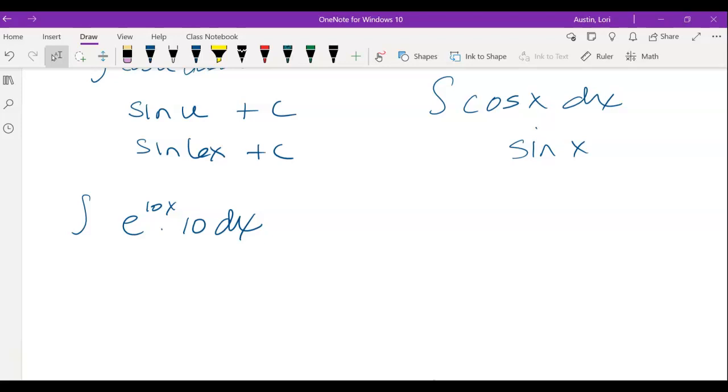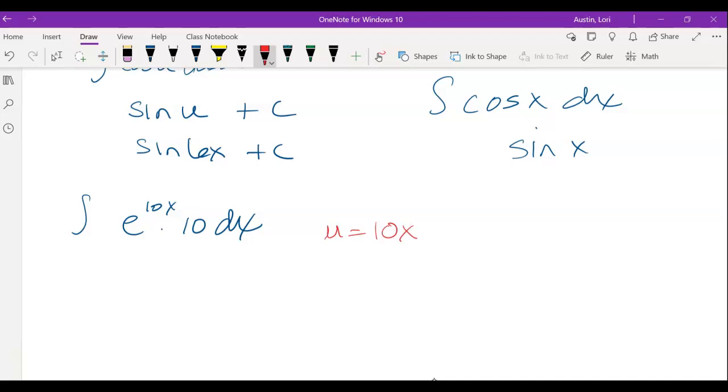Real quick, looking at this, what's the inner function? You got to recognize that inner function. It's 10x. There's no negative there. Sorry, that's from the board when I was erasing.